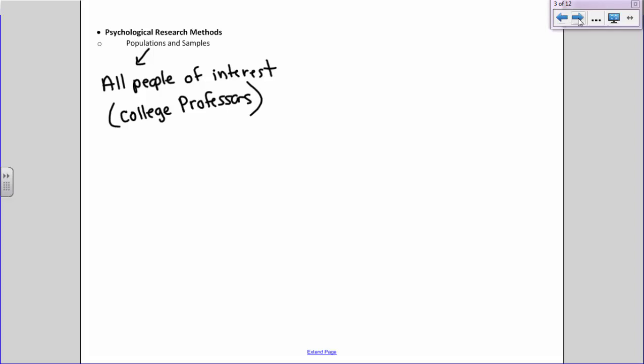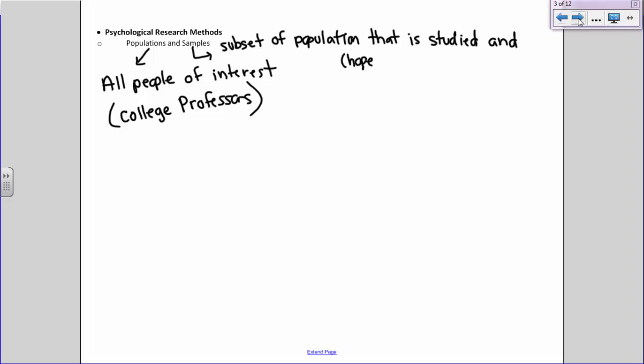But chances are I'm not going to be able to do a study with all college professors. So I take a sample, or a subset of the population, that I actually study, and hopefully represent the population.